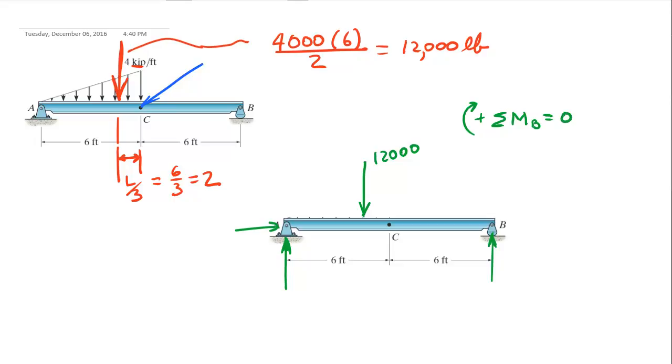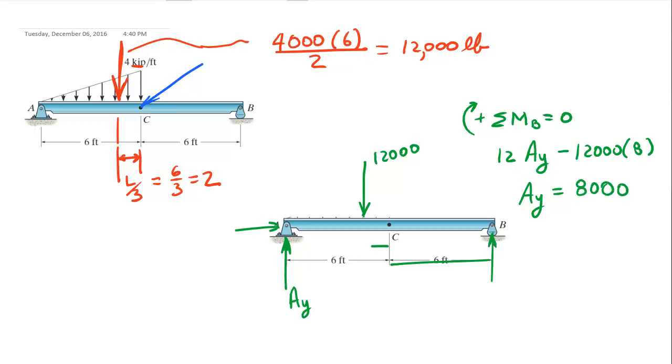We'll have this load, which we'll call AY, times that total distance of 12, minus 12,000 times 6 plus 2, or 8, which gives me a reaction load of about 8,000.